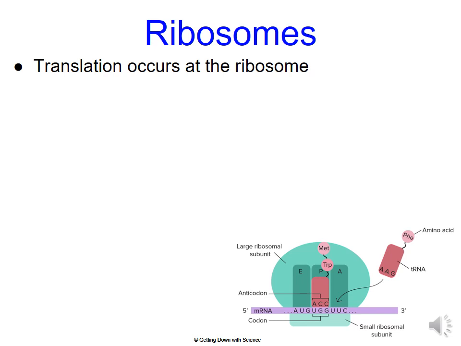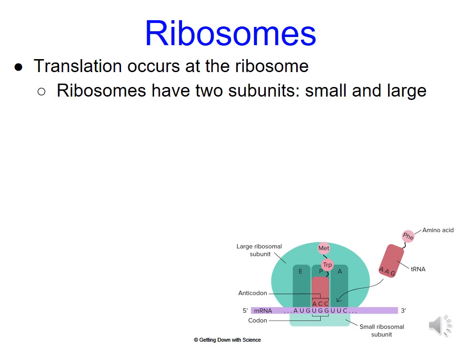So in the ribosome, this is where the actual translation will occur. And you'll notice that the ribosome has 2 subunits, a large one and a small one. And the mRNA, you'll notice this purple strip, is between the 2.